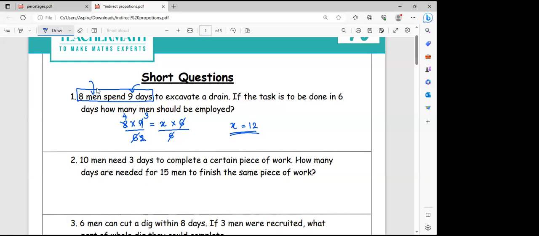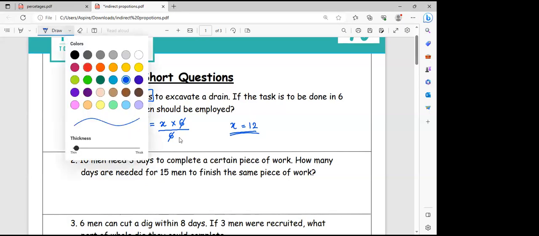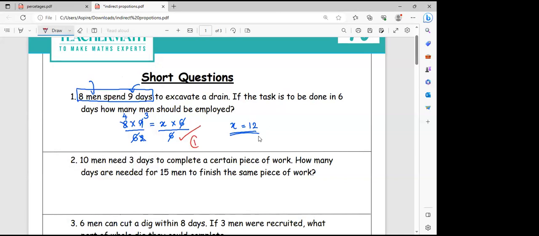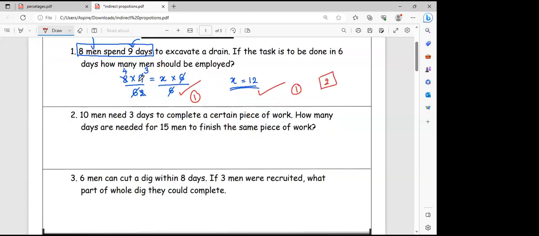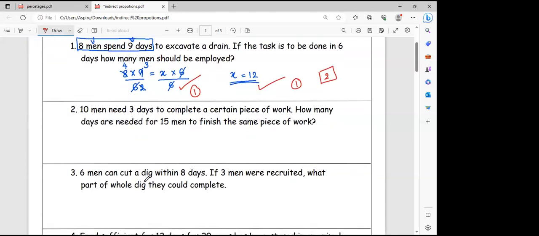Okay? If you have got this answer, for this calculation you are given 1 mark, and for this answer 1 mark, altogether 2 marks given. Please raise your hand those who have got this answer.